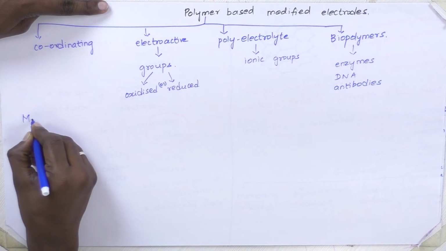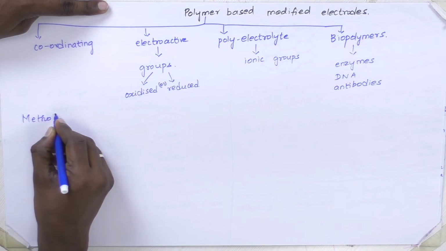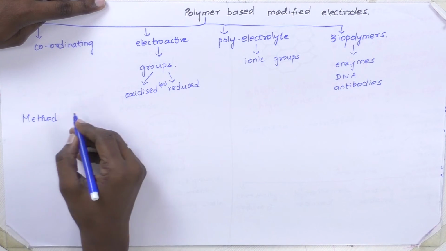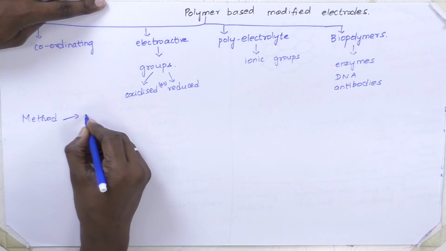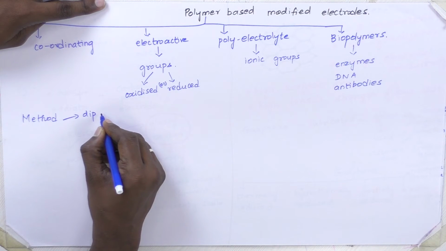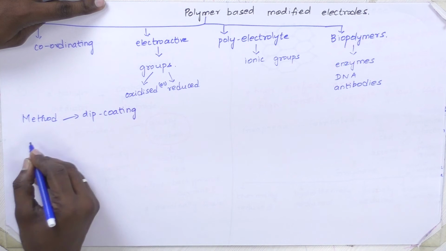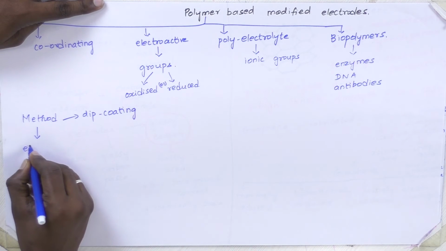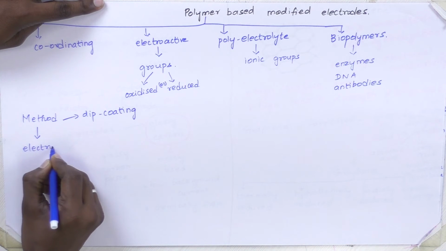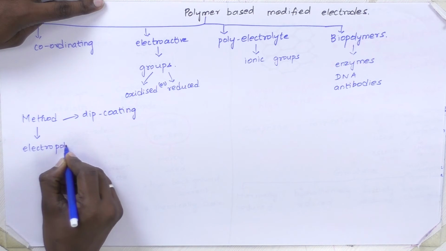Next we will see the methods available for a polymer to coat on electrode surface. A polymer is coated on electrode surface by two types of method. One is dip coating, another one is electropolymerization.